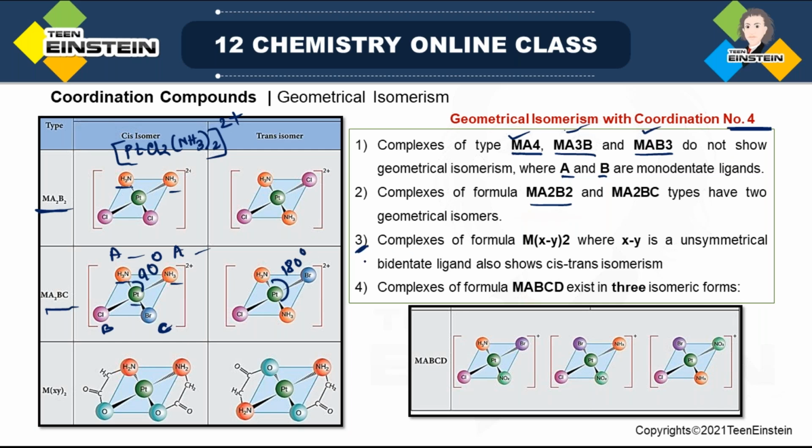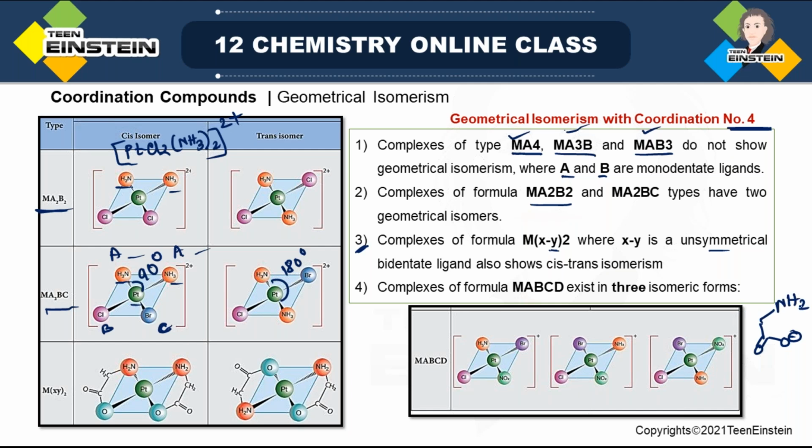Now come to the third point, complexes of formula MXY2. Here XY is an unsymmetrical bidentate ligand. A very good example is glycine, with CO2 minus on one side and NH2 on the other.